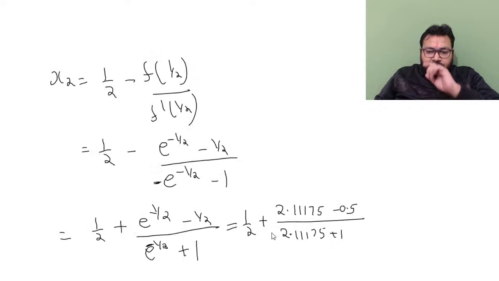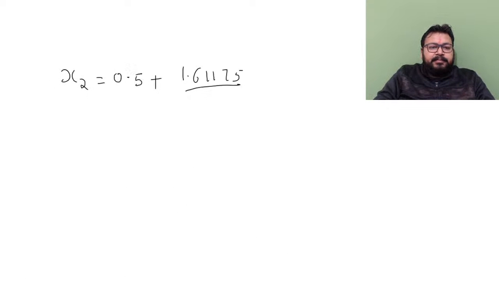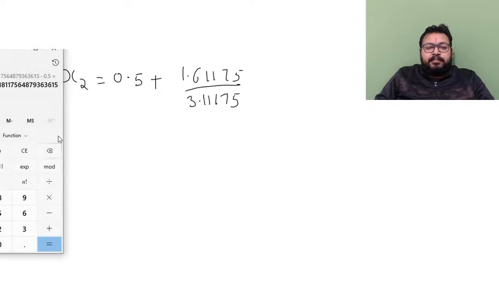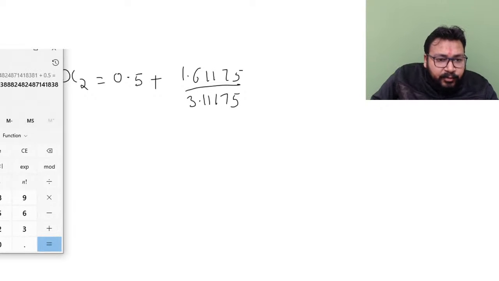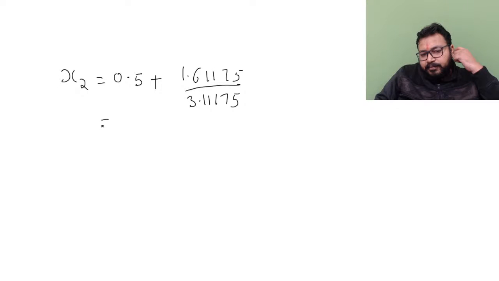Divided by 2 plus 1 हो जाएगा 3, divide by 3.11175. So that will be this. अगर हम 0.5 add करते हैं, we get 1.017956.